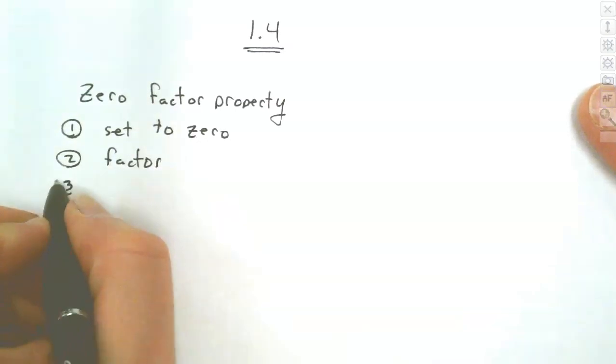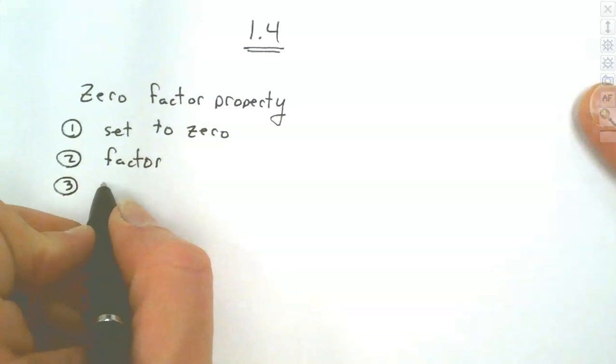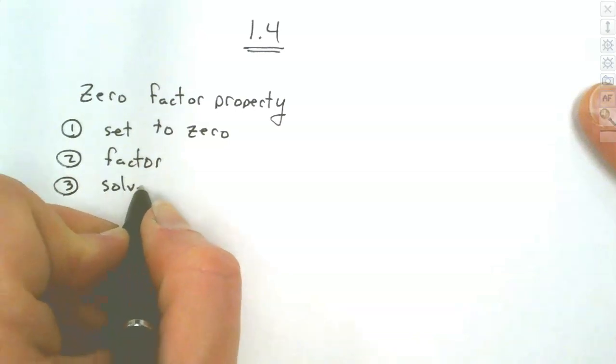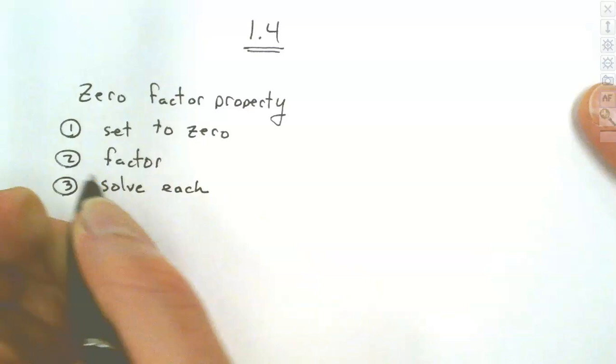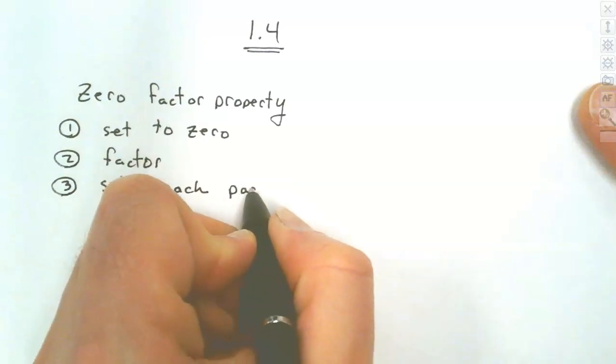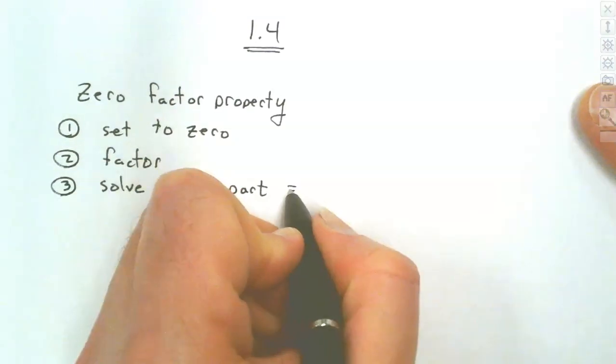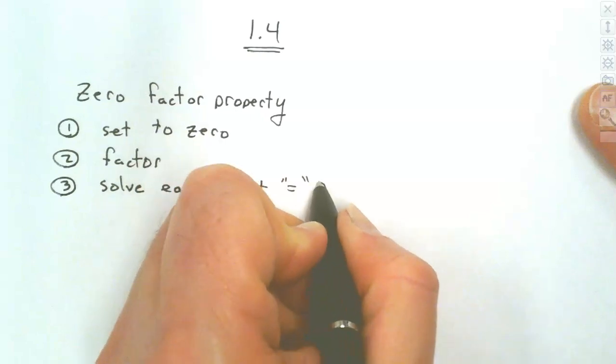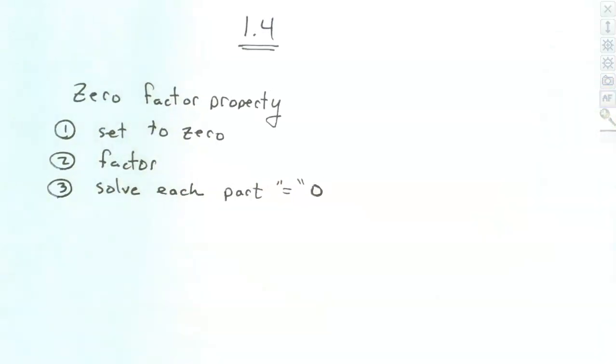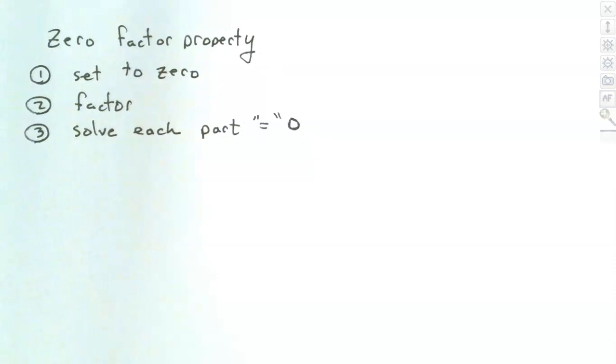And then we solve each piece to 0. Okay, so we set it to 0, we factor it, and we solve it.